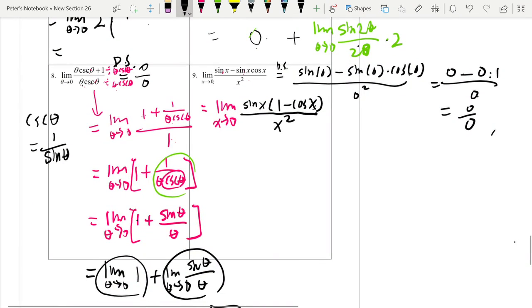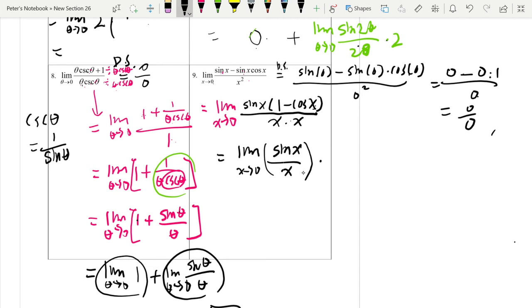So here's one fancy way to break this up. You're going to rewrite this as, instead of x squared, x squared is actually the same thing as x times x, right? So I'm going to break this into the limit of sine x over x times 1 minus cosine x over x.